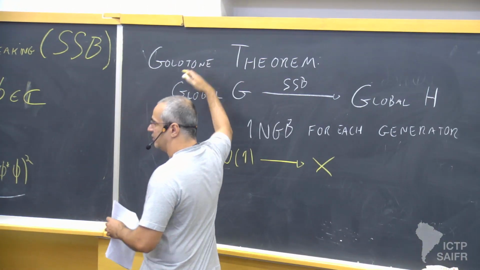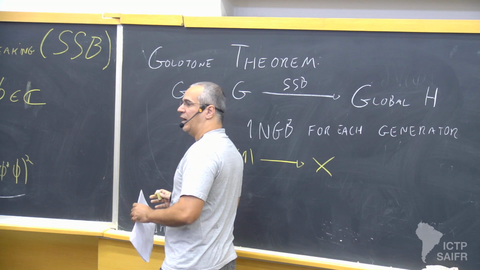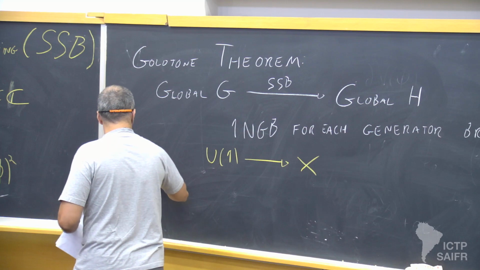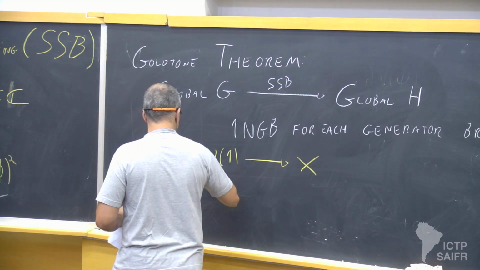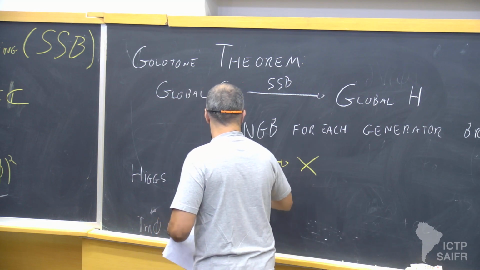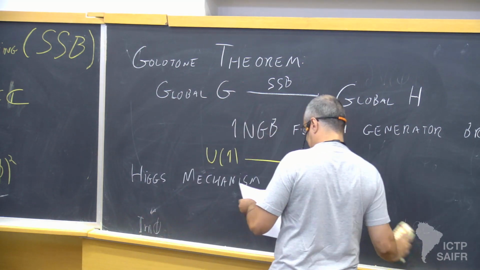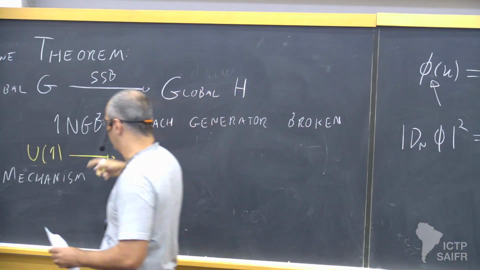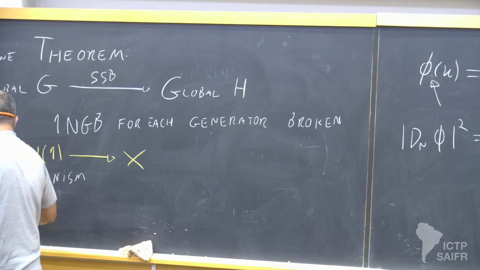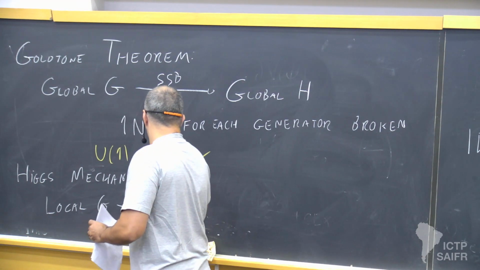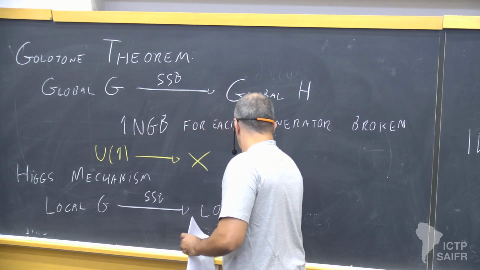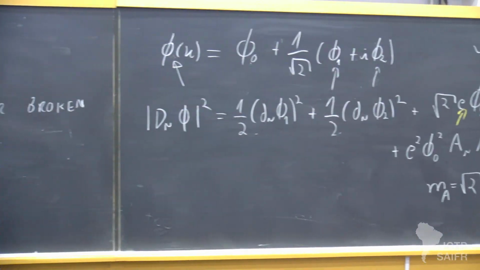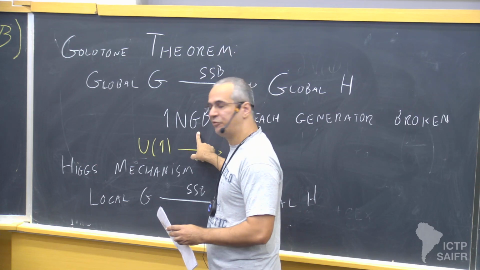And then a second step happens when you have local symmetries. And that is called the Higgs mechanism. That tells me now that when this breaking happens with local groups, so now I'm thinking of a local G being broken to a local H, these Nambu-Goldstone bosons will mix with the gauge bosons.